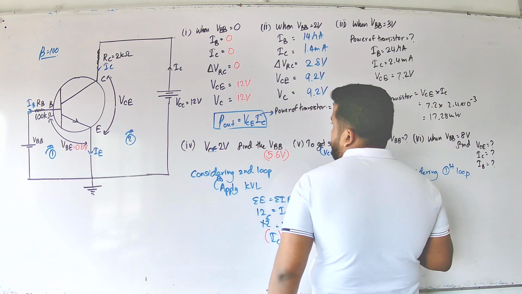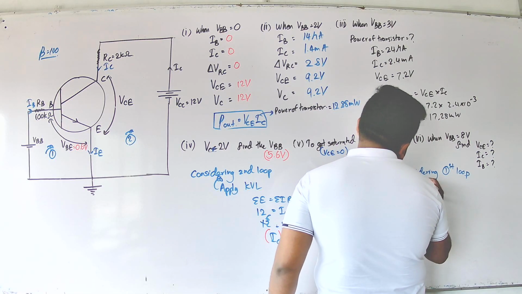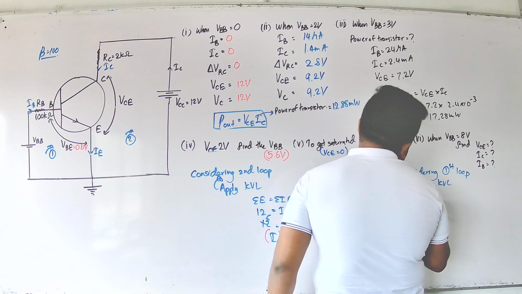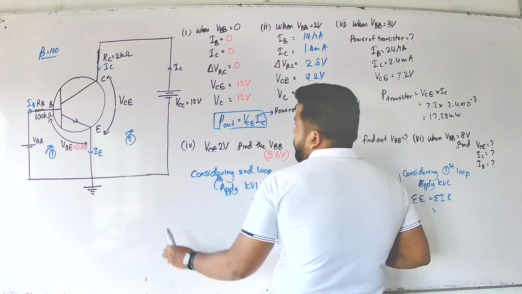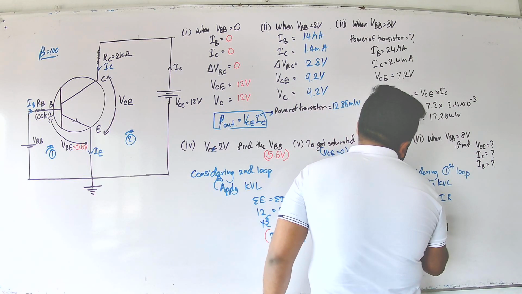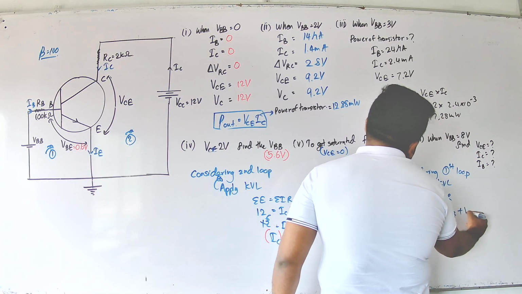पहले loop पे consider करते हैं हम, apply KVL: sigma E equals sigma ER. पहले loop पे VBB equals IBRB plus VBE.